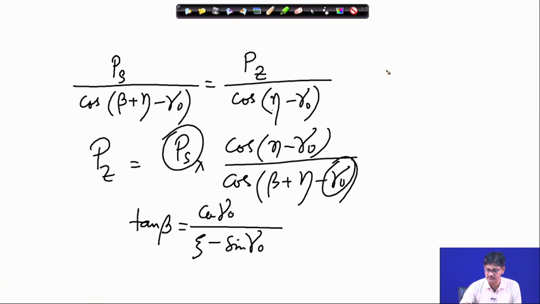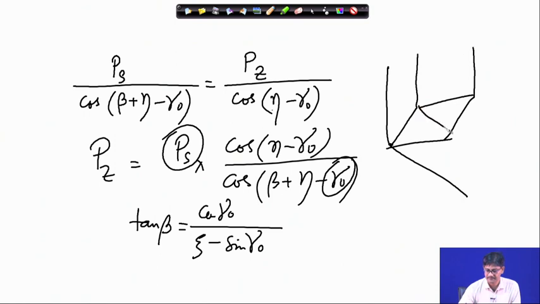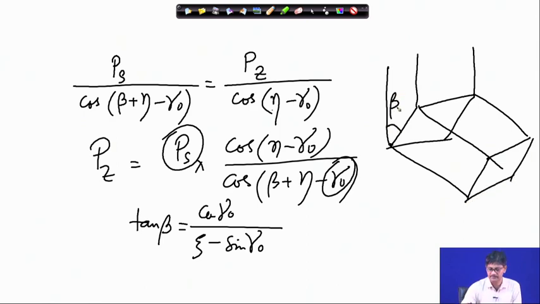So, for that, if you notice that the chip is coming out this way, this is the chip coming out. What is this angle, for example? This is beta.